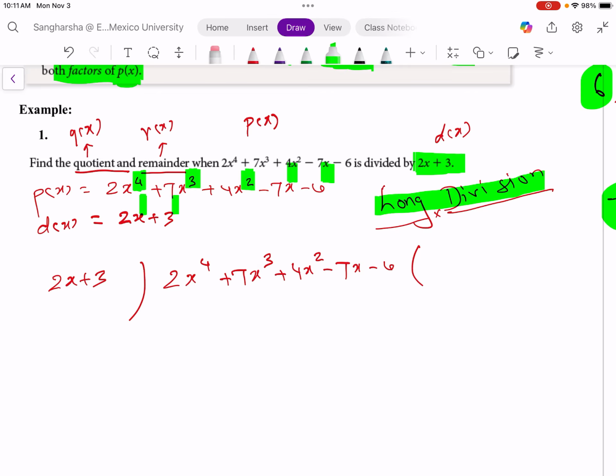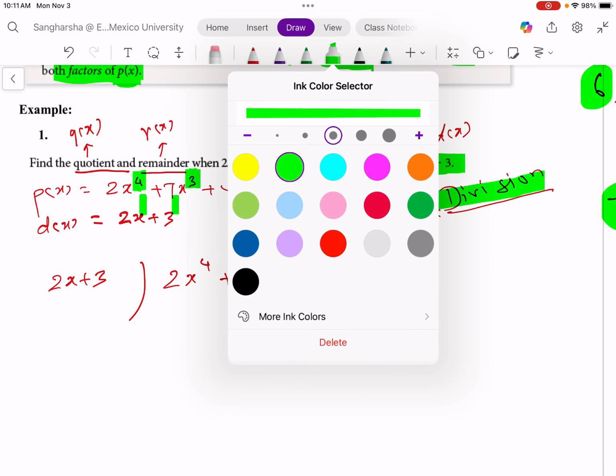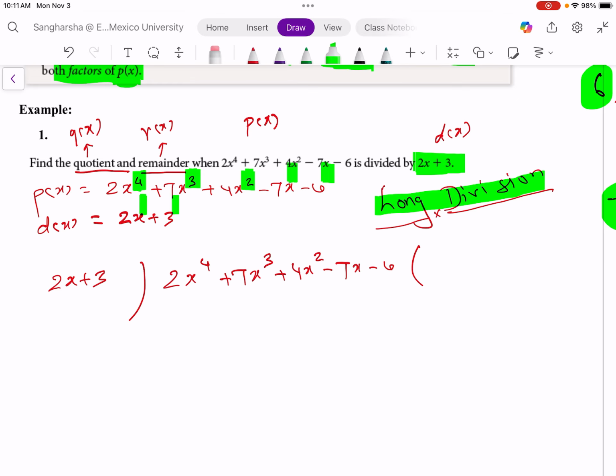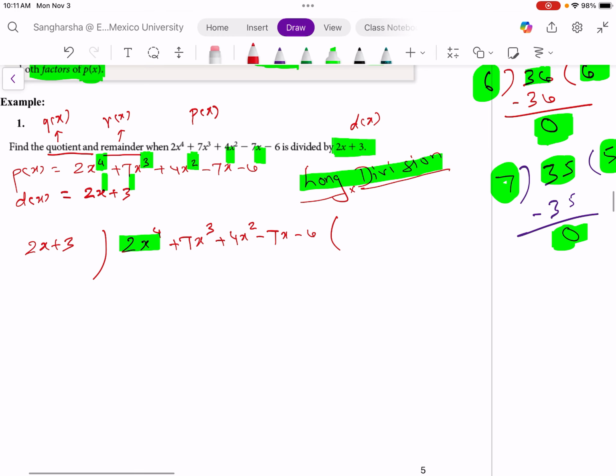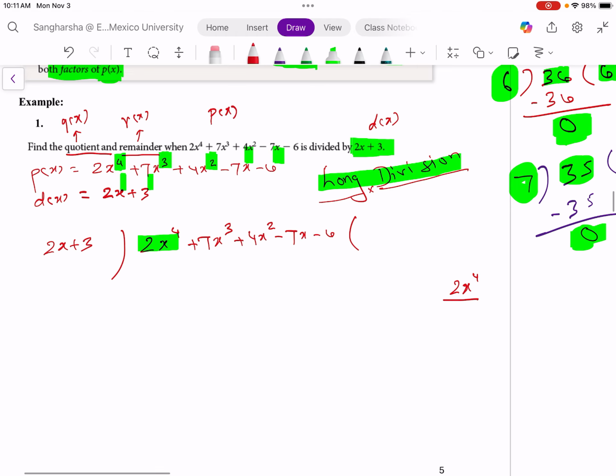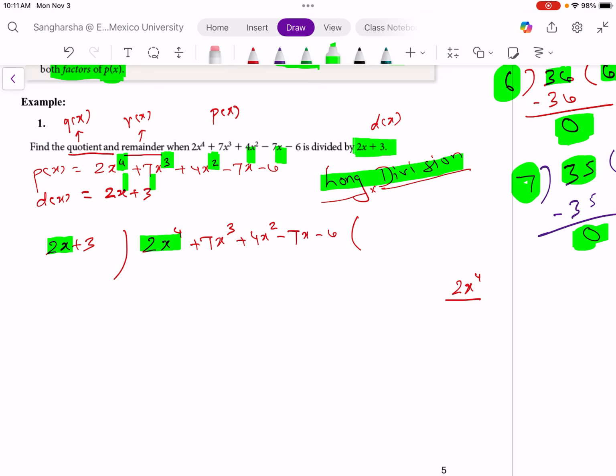Now the very first step here is that we take the first term of the polynomial, 2x to the power 4, and divide this first term by the first term of the divisor.